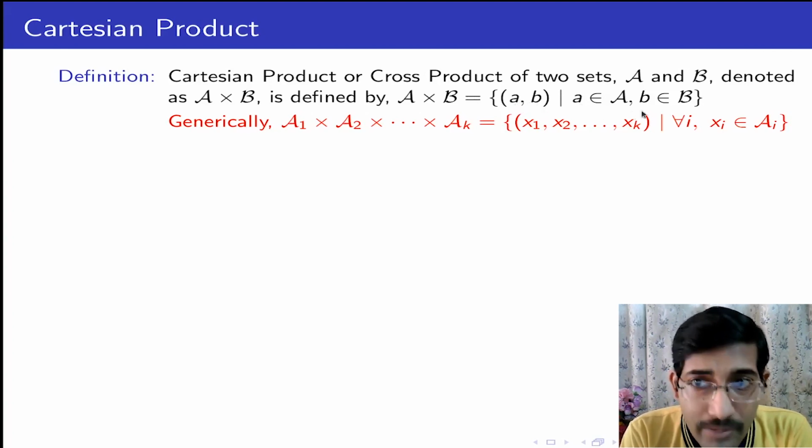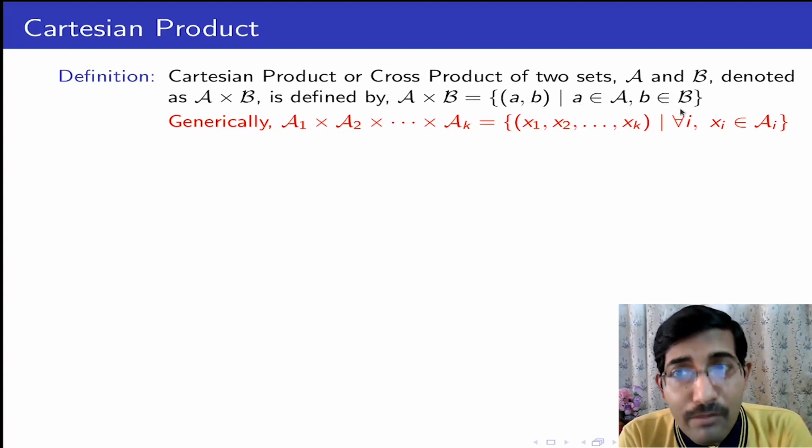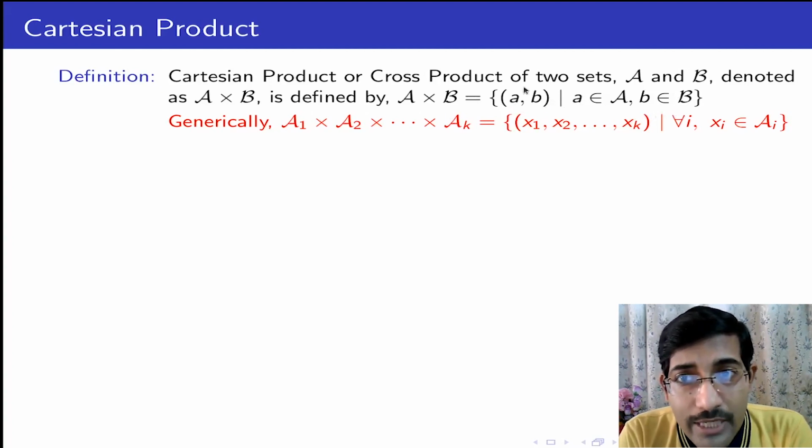So both a and b are from the real number set. Therefore each complex number is also such a pair. So is the case for 2D points.